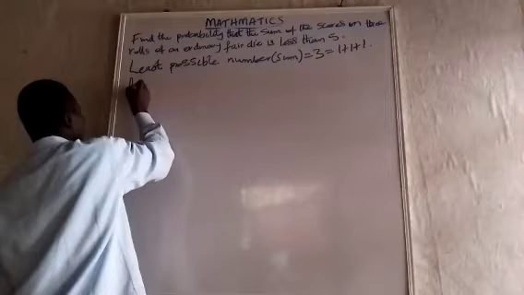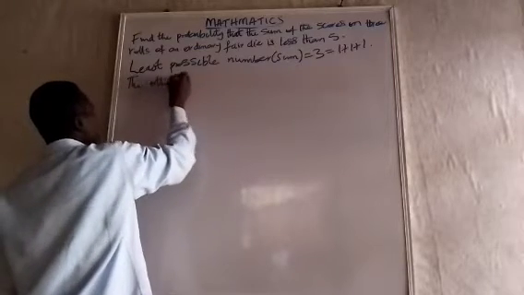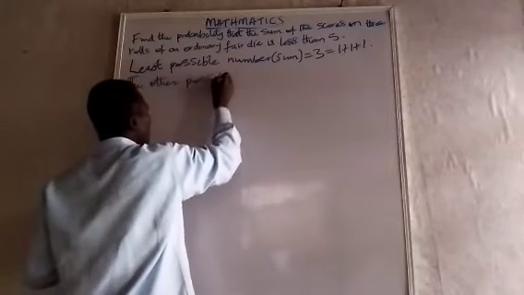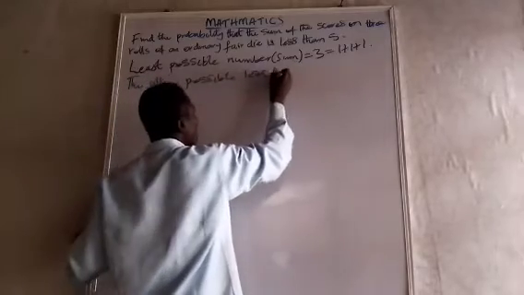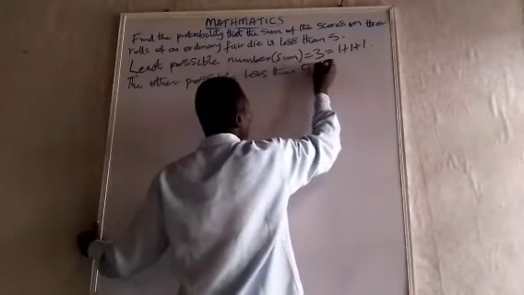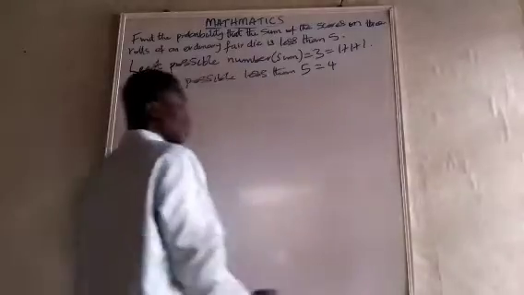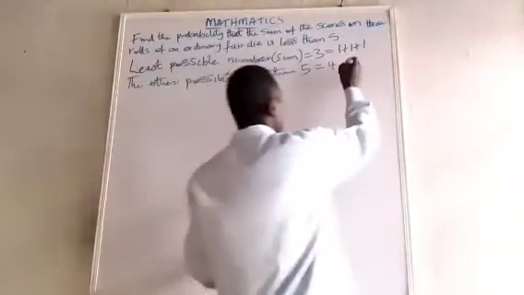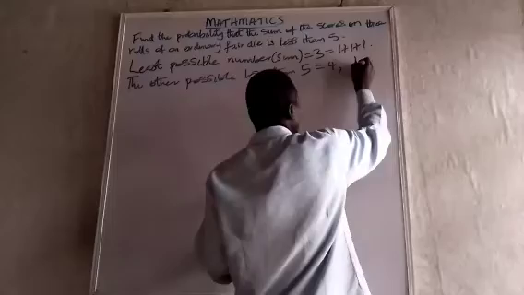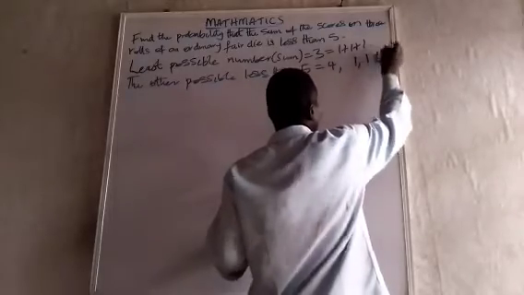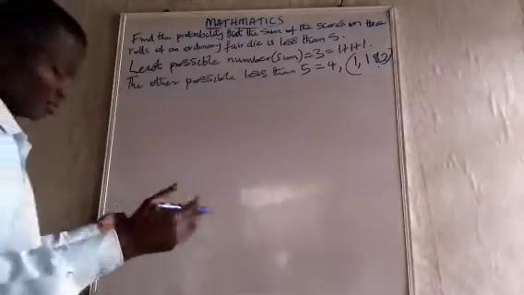The other possible sum less than 5 is 4, and the only way we can have 4 is if we have 1, 1, and 2. That is the possible combination.